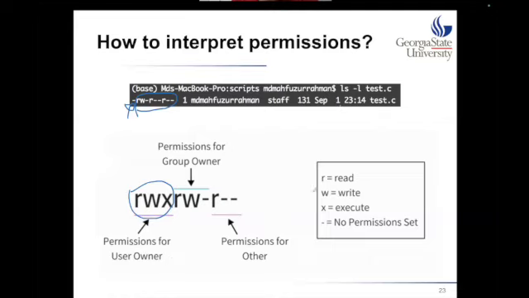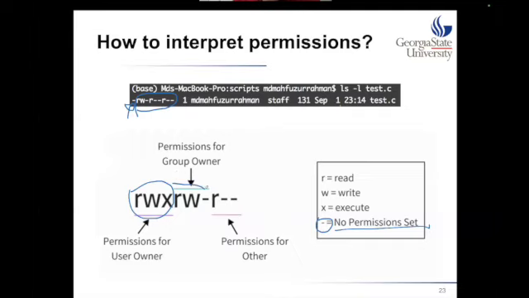That means R for reading, W for writing, X for executing. That means the user can read, the user can write, the user can execute if it is an executable file. And if in place of a permission you see only a hyphen, then it means no permission is set.